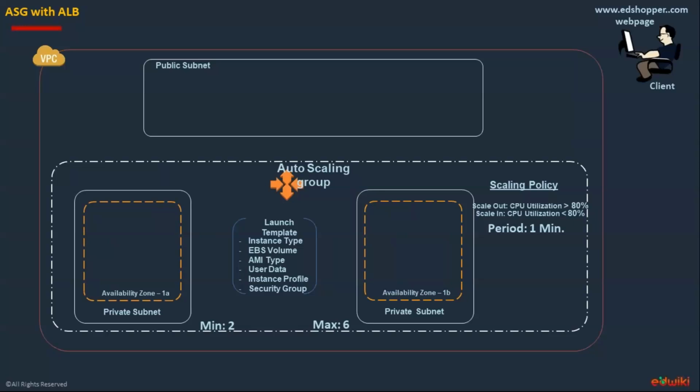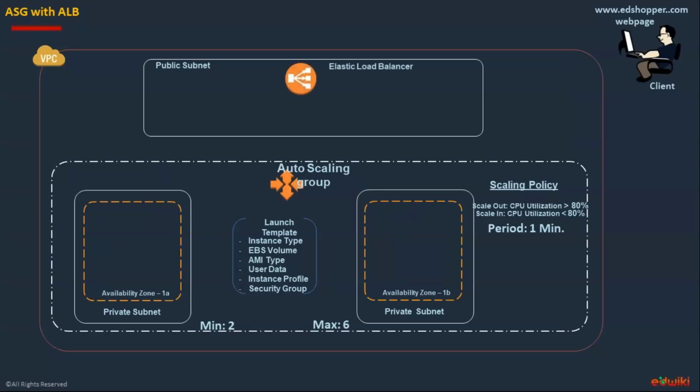But when the number of servers is getting added or getting deleted, how would the user's requests be distributed across the number of servers, right? That is where you come to the load balancing concept now. I'm just trying to connect auto scaling and the load balancer together. You create a public subnet.